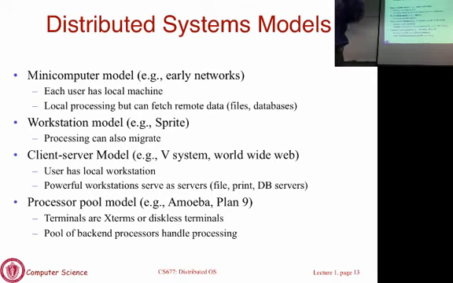You would send off a request, this big pool of processors would then service your request and send you your response. Thin clients are still with us today, and so are processor pools in some specialized scenarios. It's just a variant of client-server computing where the client is more stripped down and the server is more powerful. So more work is done by the server, less by the client.